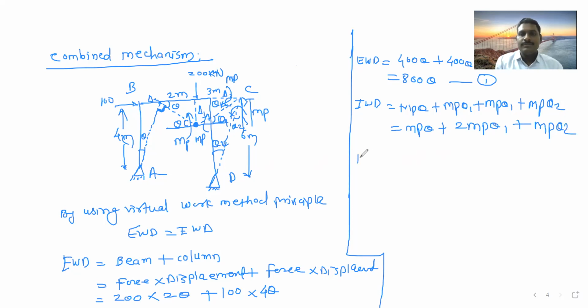Now, 2 theta is equal to 3 theta 1 and 4 theta is equal to 6 theta 2. See, whatever I have written, this is correct.